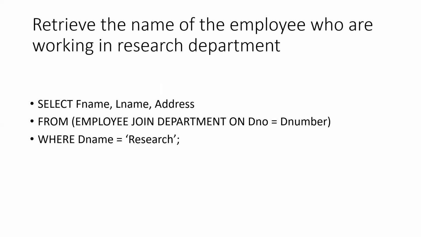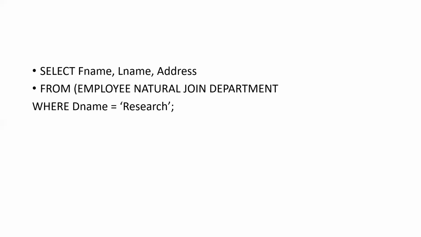So what is the difference between join and natural join? In join, we have to specify the joining attributes. But in the case of natural join, we need not specify the attributes. Select first name, last name, address from employee natural join department, where D name equal to research.